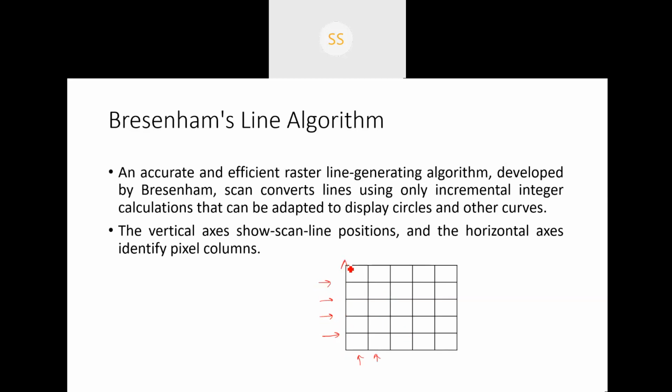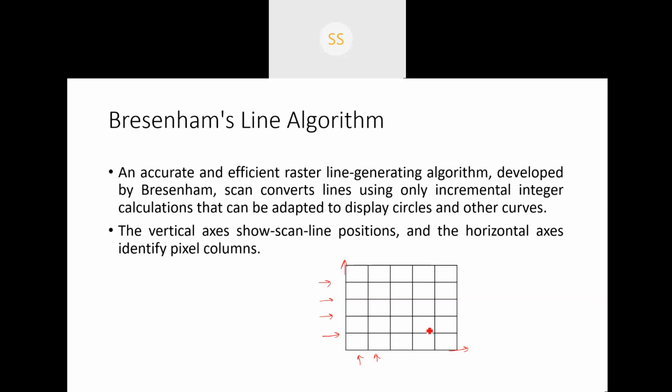Then you have a horizontal axis. When you go along the horizontal axis from left to right, you see columns, and these are called the pixel columns. So the vertical axis gives you the scan lines and the horizontal axis gives you the pixel columns.